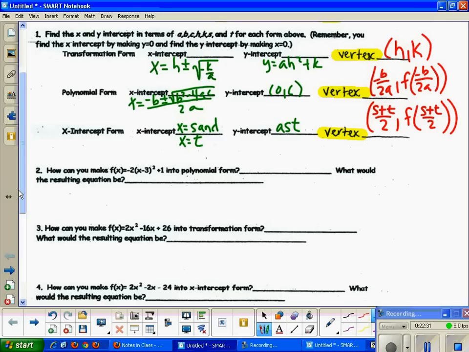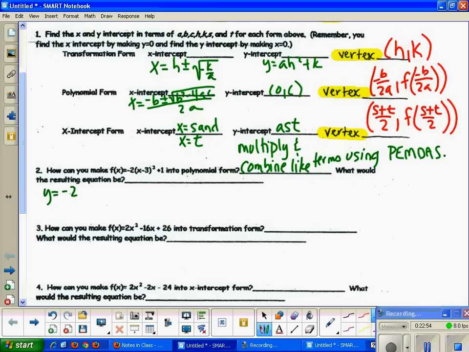So for this form, I would multiply and combine like terms using the order of operations, so PEMDAS.